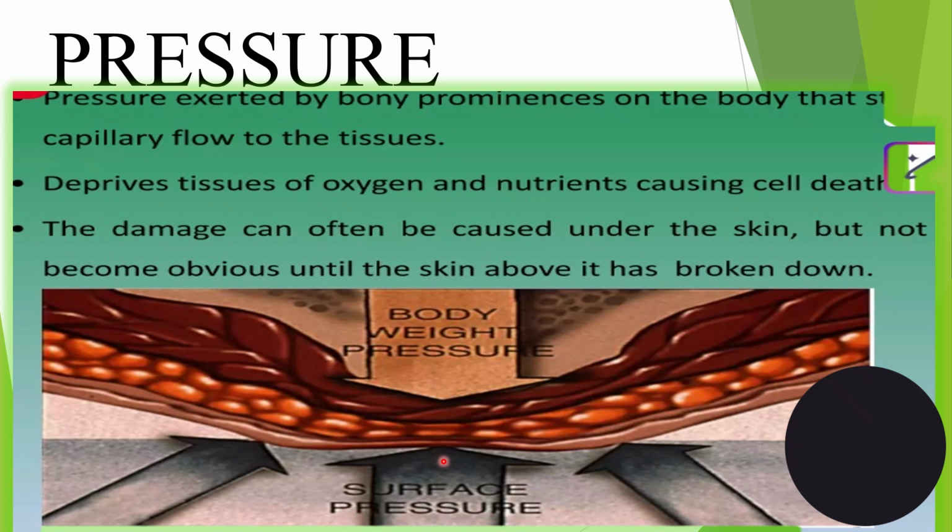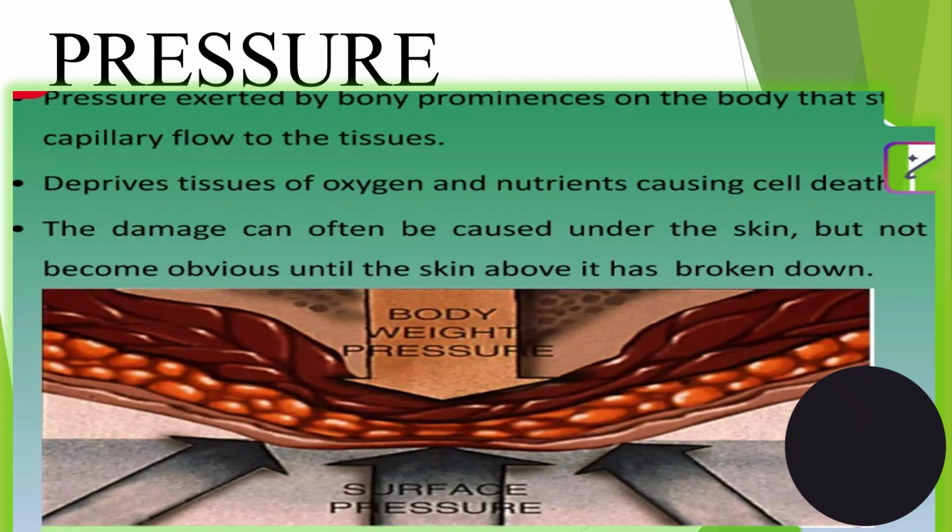Once we are not releasing the pressure, it will go into the bony prominence also. So it will lead to breakdown of the skin, and it will move until the bone. So when you come to the pressure, it is exerted by the bony prominence, leading to the surface or body weight pressure.